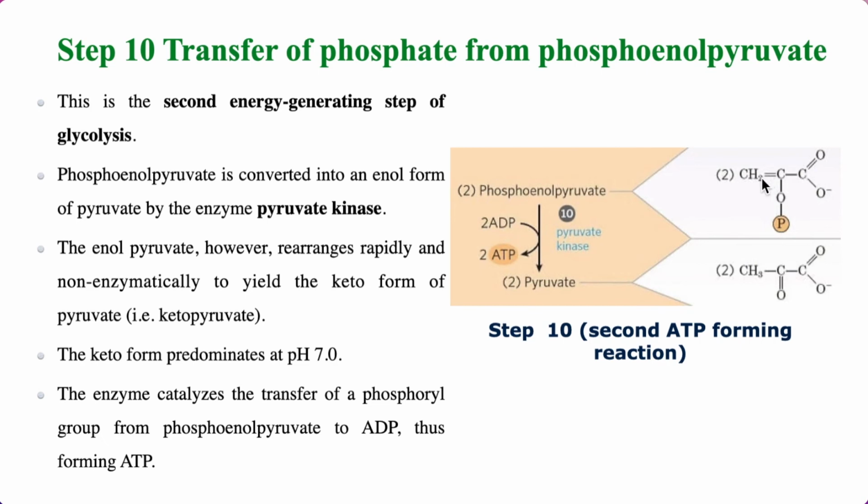So it is converted to a single bond, so CH3. Remove the phosphate group and you can add the phosphate group to ADP. So it is C double bond O, the remaining is the same. So here the ADP is converted to ATP. The reaction is carried out by the pyruvate kinase enzyme. The keto form predominates at pH 7.